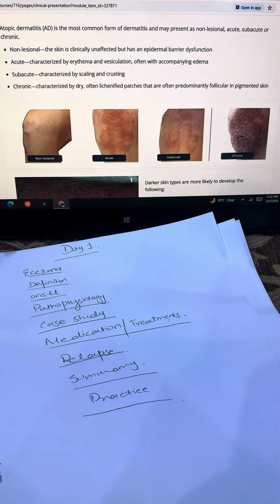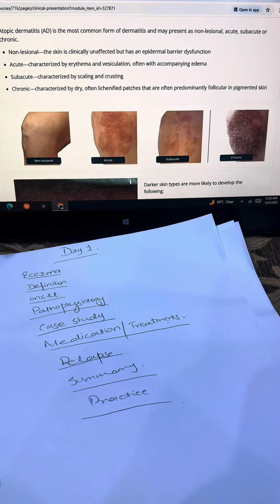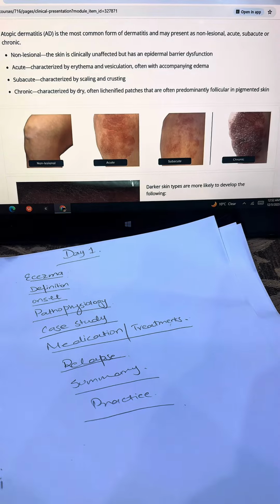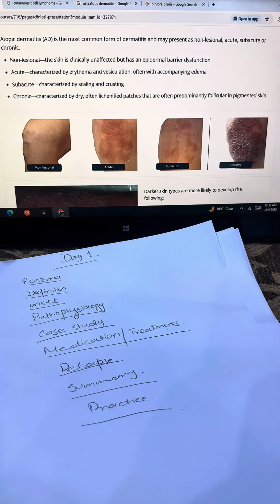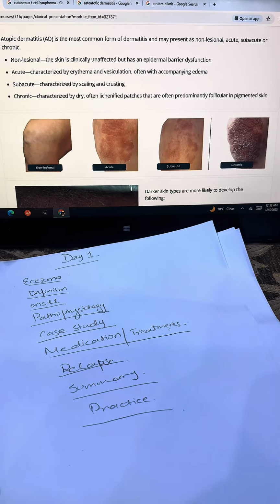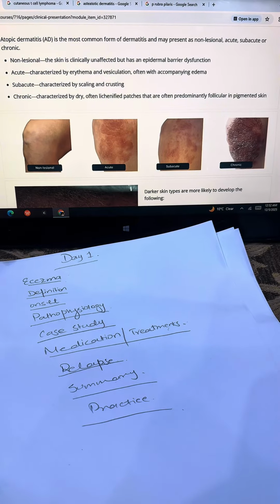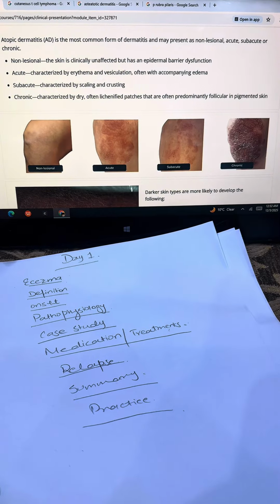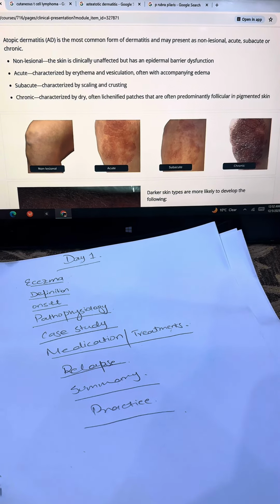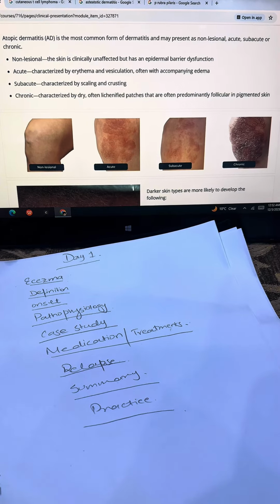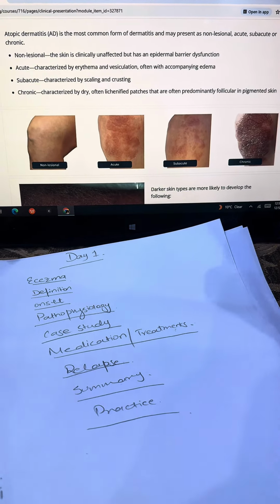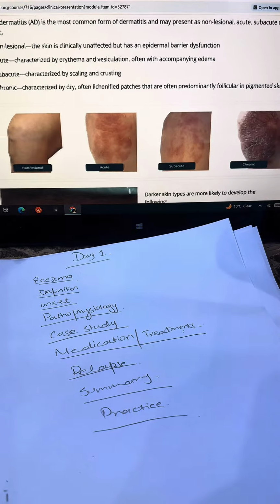Atopic dermatitis is the most common form of dermatitis and can be present in four stages: non-lesional, acute, subacute, and chronic. In non-lesional, the skin is clinically uninvolved but has epidermal barrier dysfunction, as you can see in the picture.